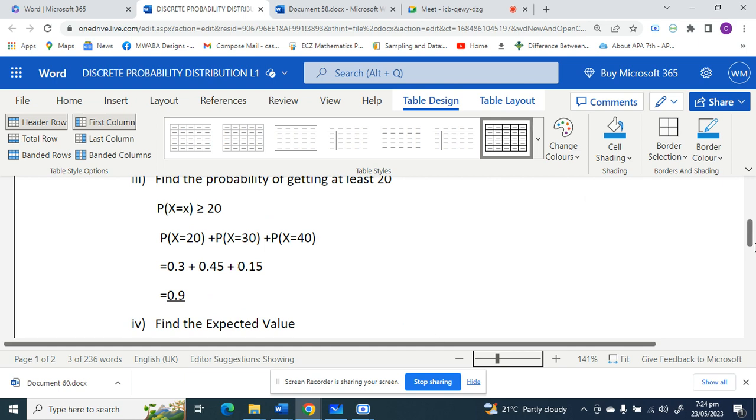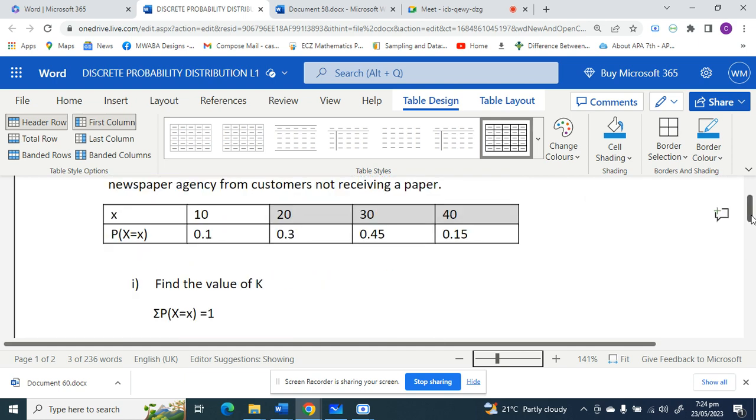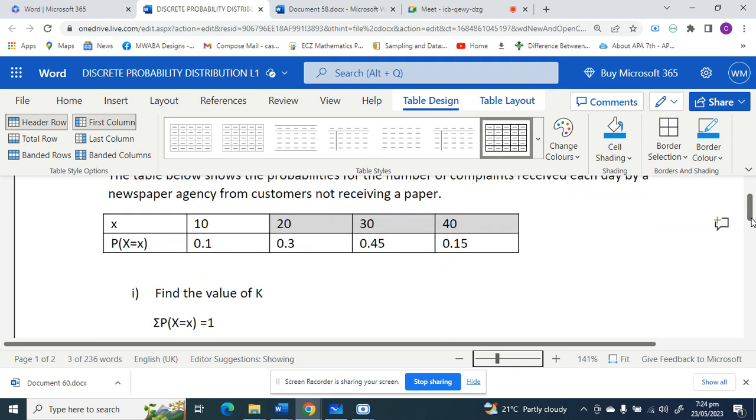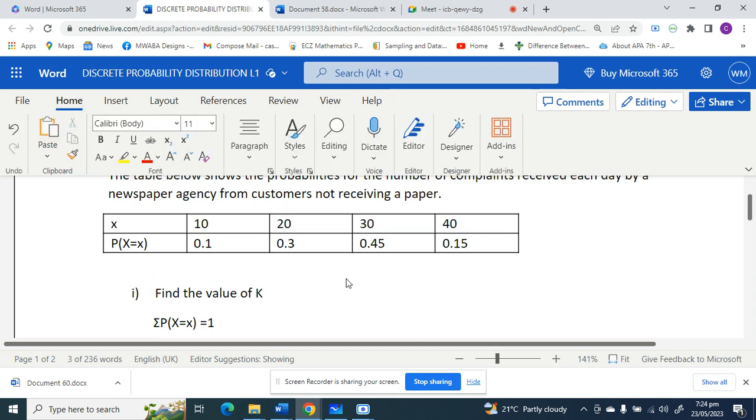Let's add a bonus one. What about the probability of getting less than 30 complaints? What is the probability of getting less than 30 complaints?